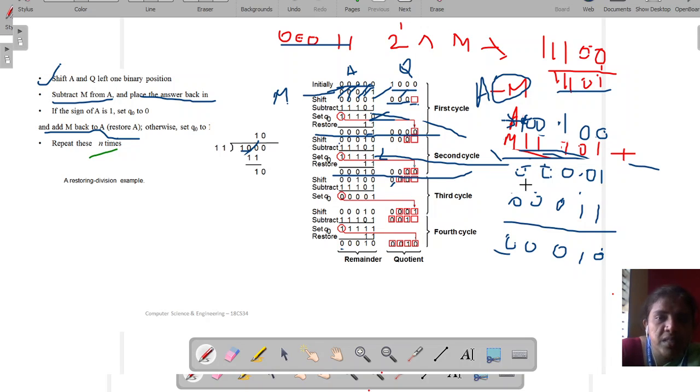After this is A minus M, and you have to restore it. Where is the restoring step? I've made some mistake here, 11010. You should be very careful during this. I'm extremely sorry for this.